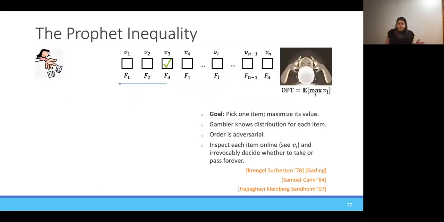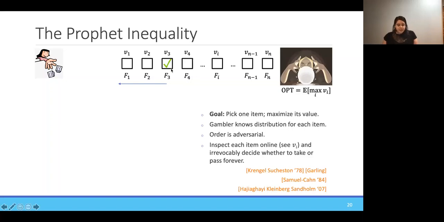Okay, what's the prophet inequality? You have a bunch of items, and your goal is to pick one item and maximize the value of the item that you pick. There is some prophet who knows exactly what the best item is going to be. She always knows the max. Right here, we're just talking about picking one item. You're a gambler. You know the distribution for each item.